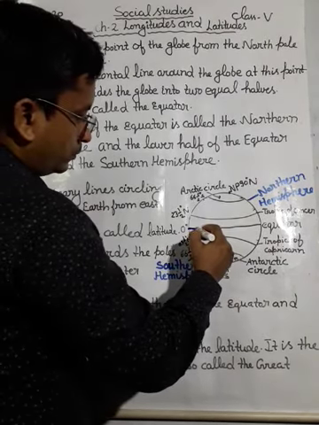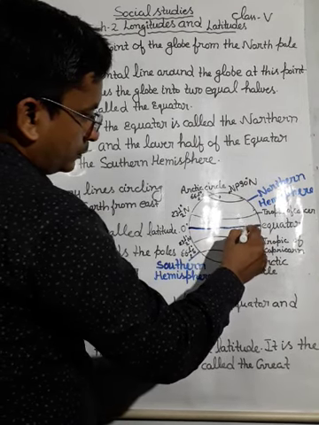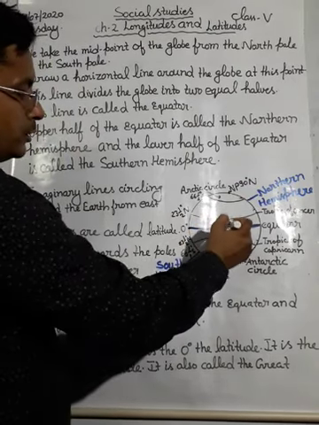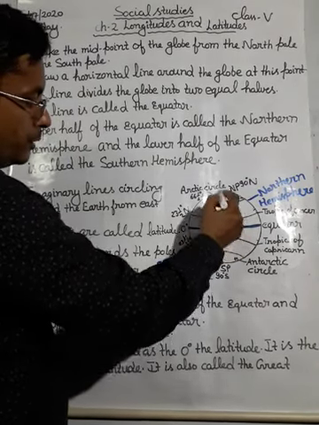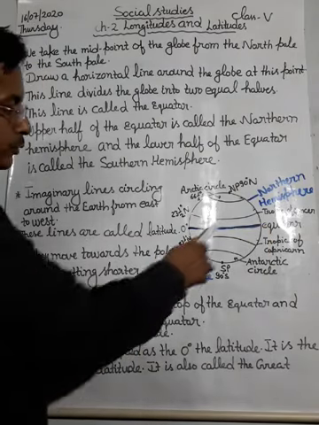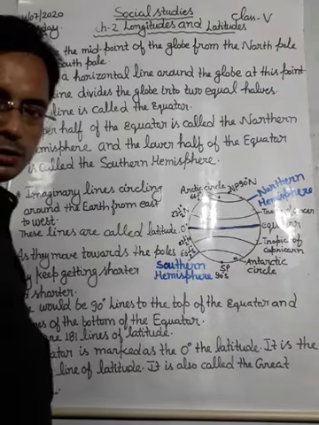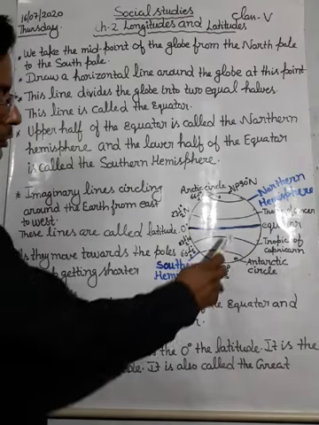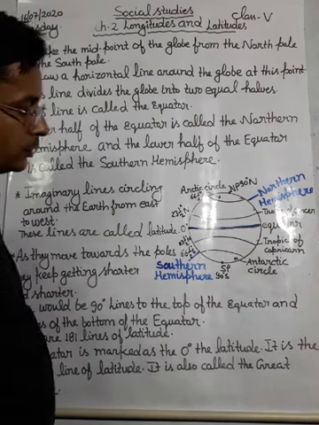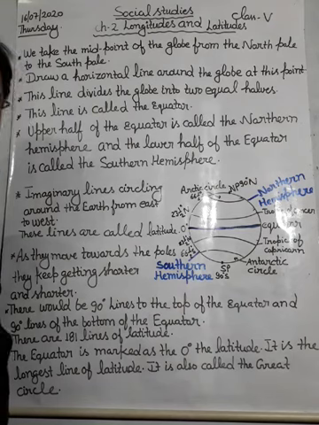This line is called the equator line. The part above this line is called the northern hemisphere, and the lower part from the equator is called the southern hemisphere.